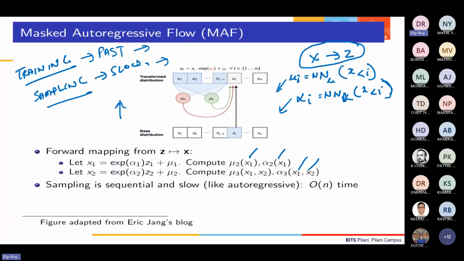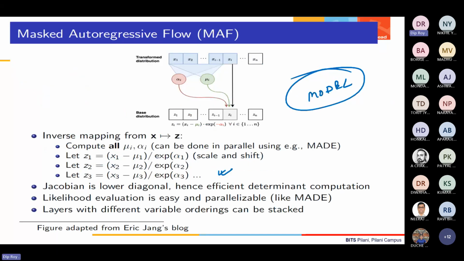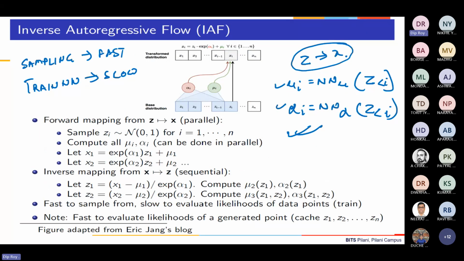So this masked autoregressive model has the same properties as your typical autoregressive model, where your training is fast and your sampling is slow. This inverse autoregressive model has the opposite property, where your sampling is fast and your training is slow.